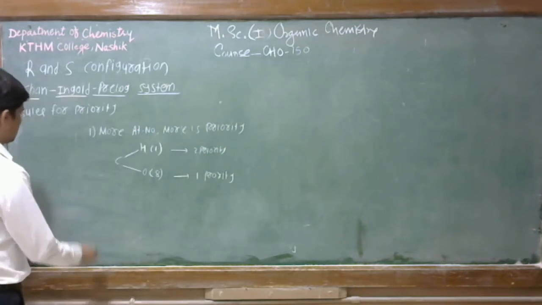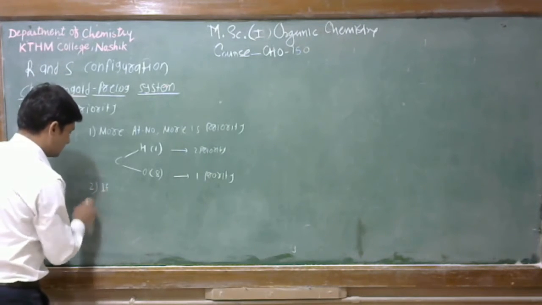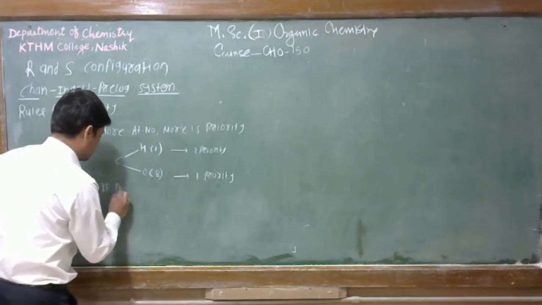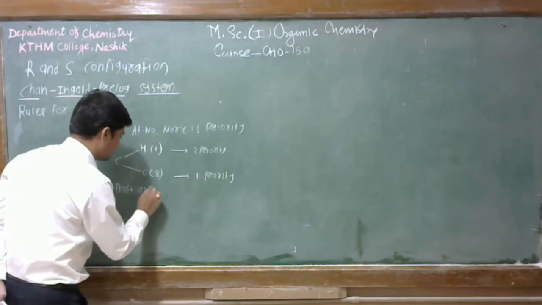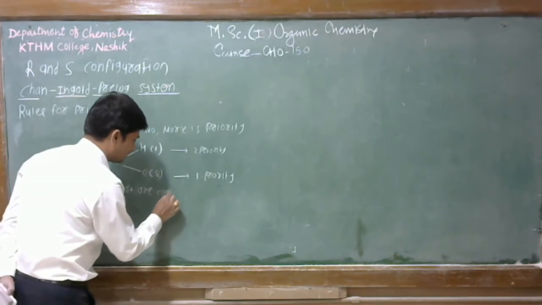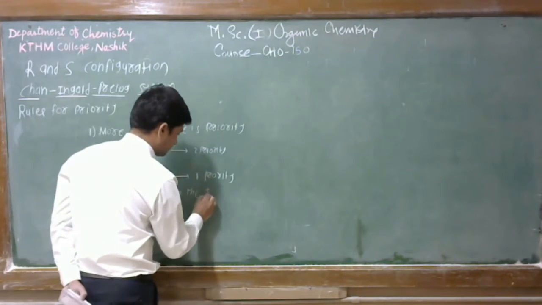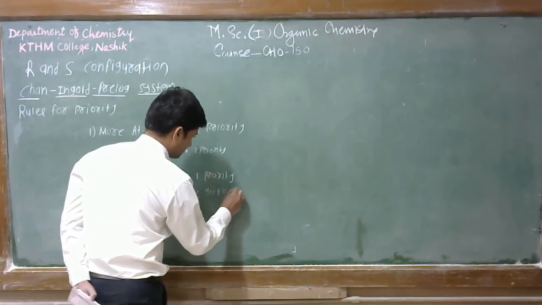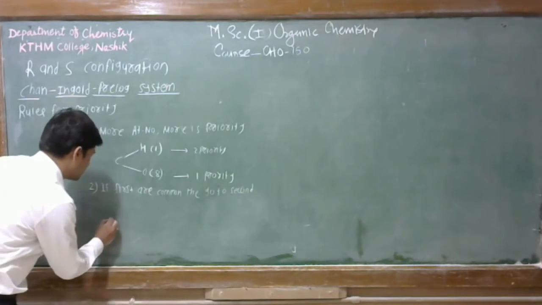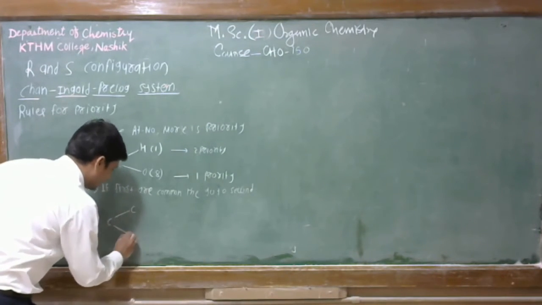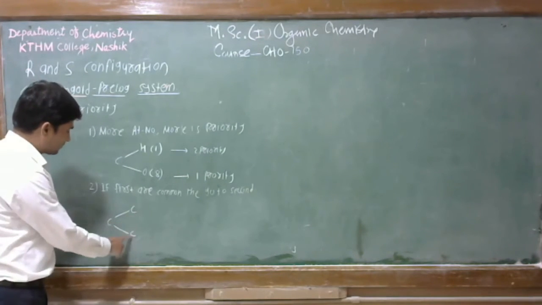Now, the second rule is: if the first atoms are common, they go to the second. See here, this is the carbon atom which is attached to another two carbon atoms. It means these two first atoms are the same.